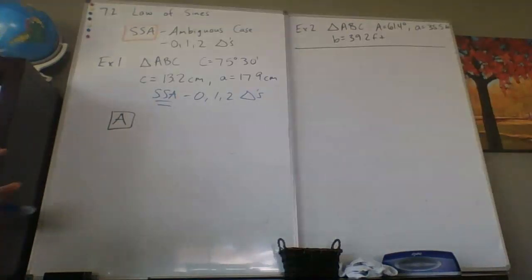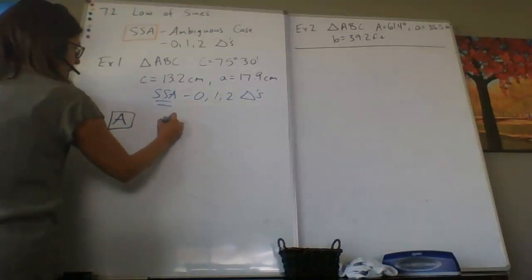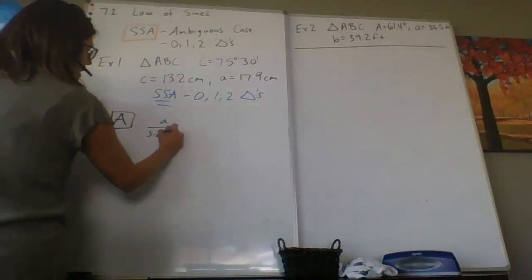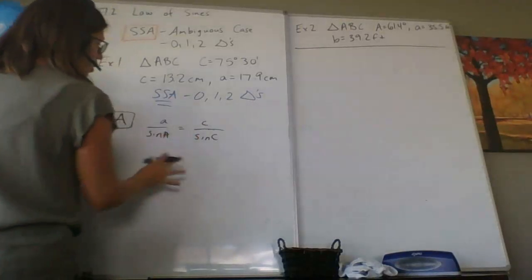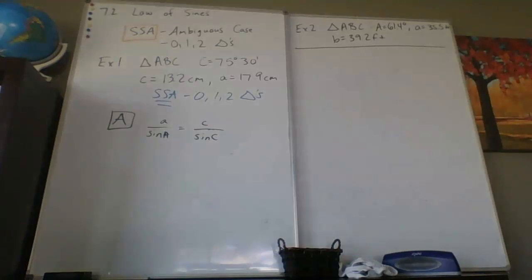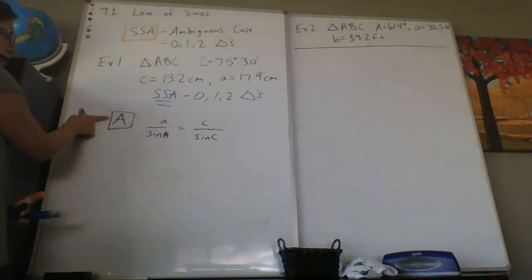Now this is where some people prefer to always keep the formula the same, where they write sine A over a equals sine C over c and solve. Others prefer to write whatever you're looking for on top.